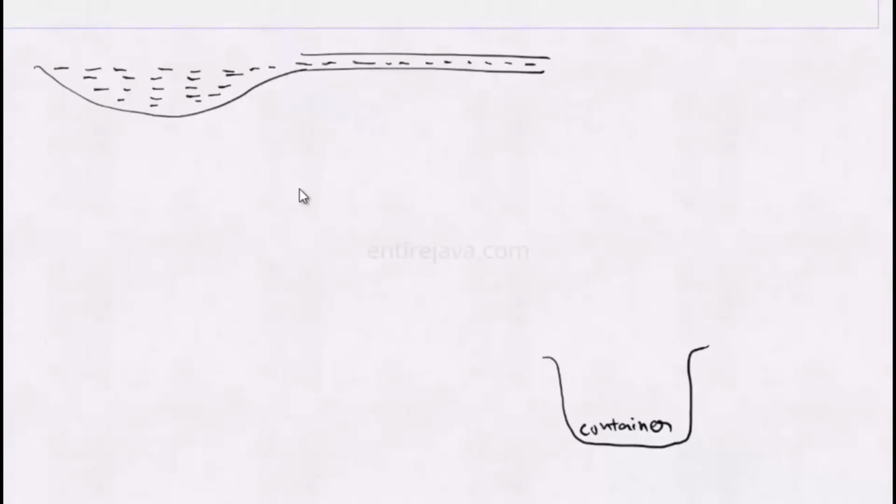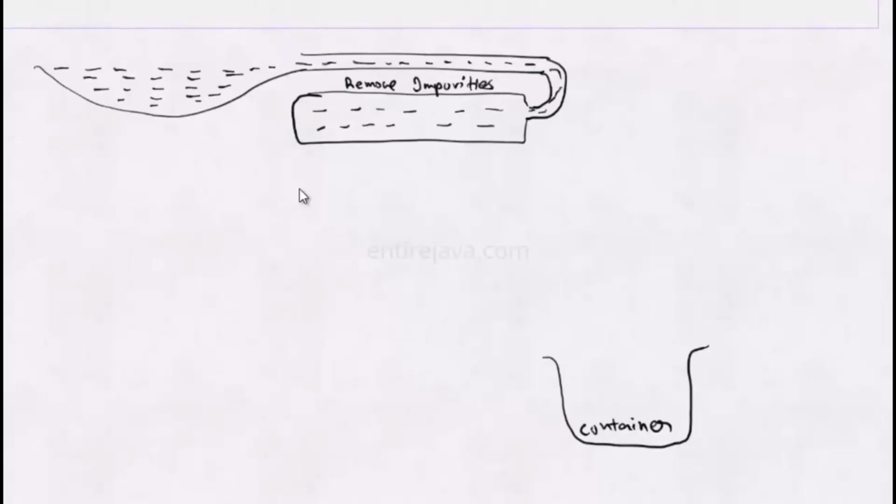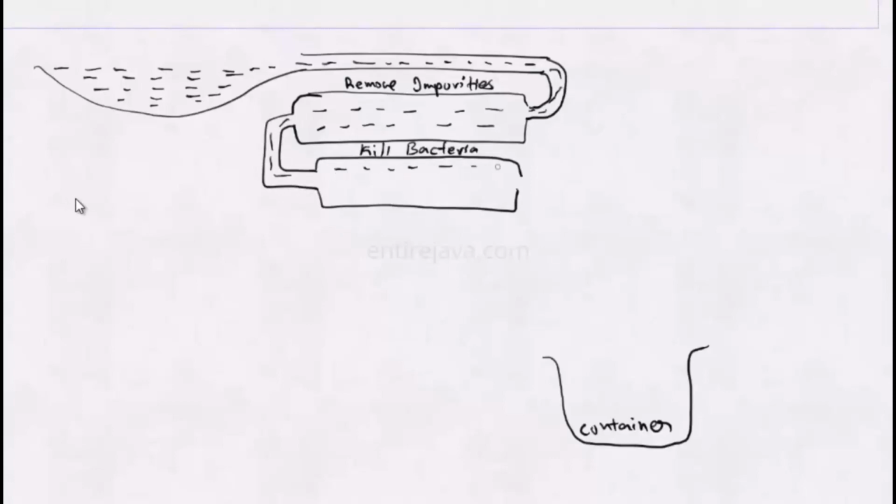The water in here is nothing but a stream. We got stream of water in this pipeline. Now you want to purify this water. Now you will pass this water into a section where it will remove the impurities from the water. Again, in the process, you would let the water flow into another section where you would kill the bacteria present in the water.